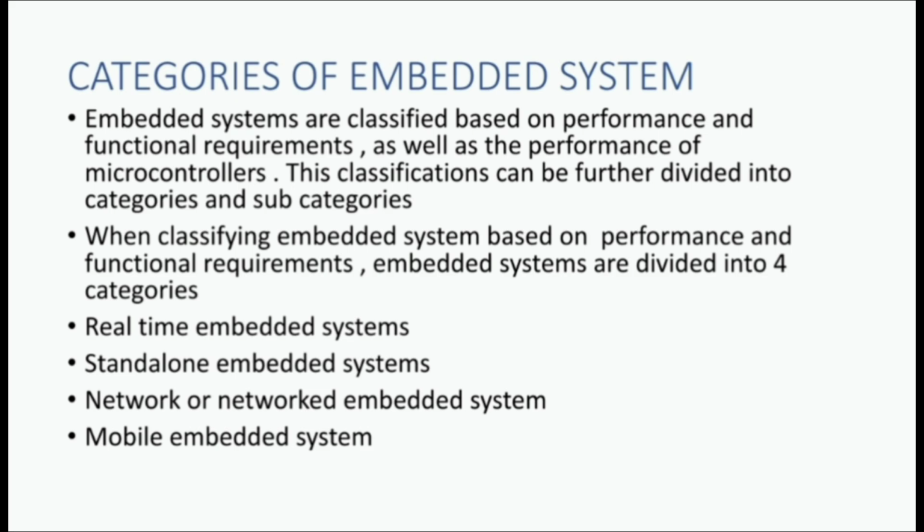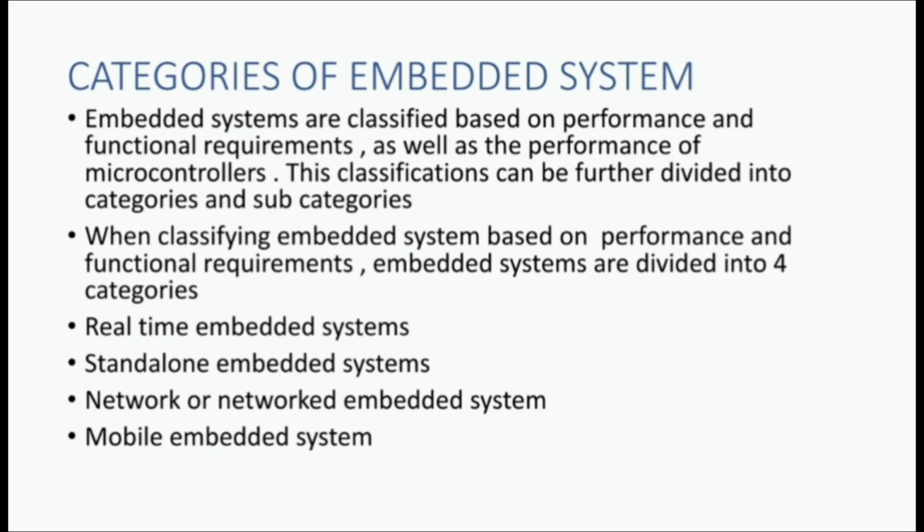And finally, coming to mobile embedded systems, mobile phones or smartphones contain various embedded systems that enable their functionality. This includes processors, sensors, and communication modules. Mobile phones can connect to different types of networks such as cellular networks like 4G, 5G, Wi-Fi networks and Bluetooth systems.